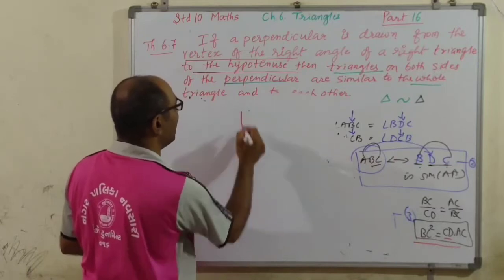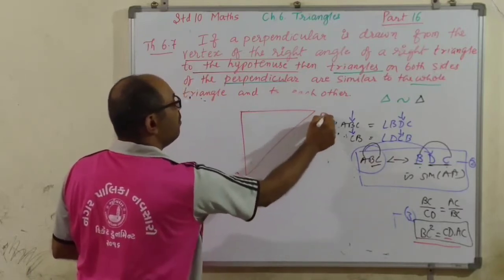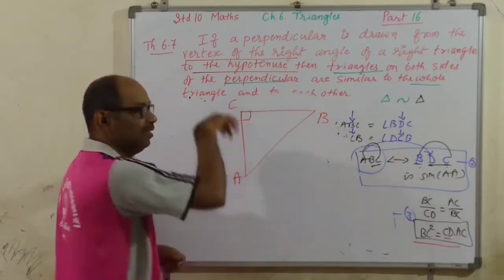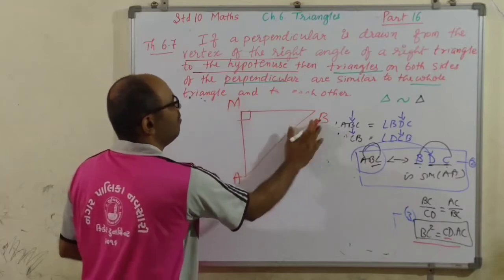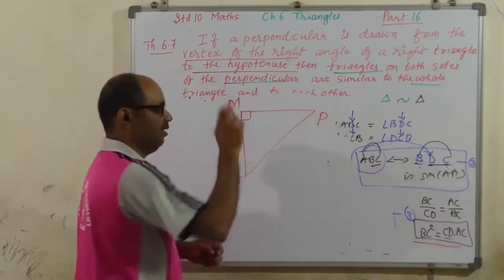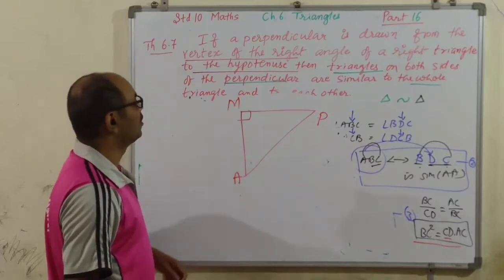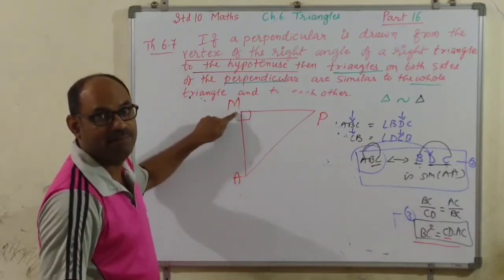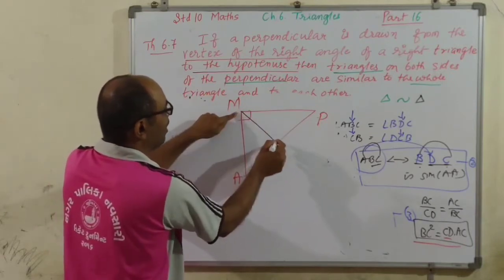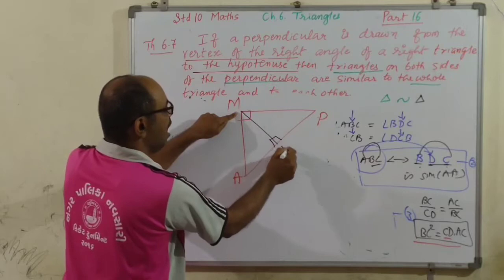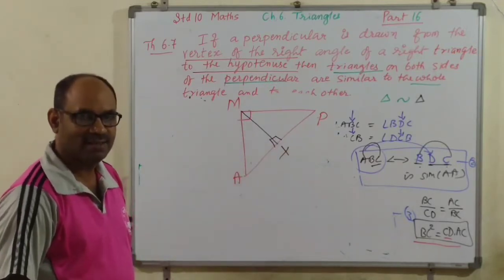Here is one triangle, ABC. See, I'll give different names, M P A. Let's see, which is the right angle, M. So from M I draw the altitude or perpendicular to the hypotenuse. Let the foot of the perpendicular be X.